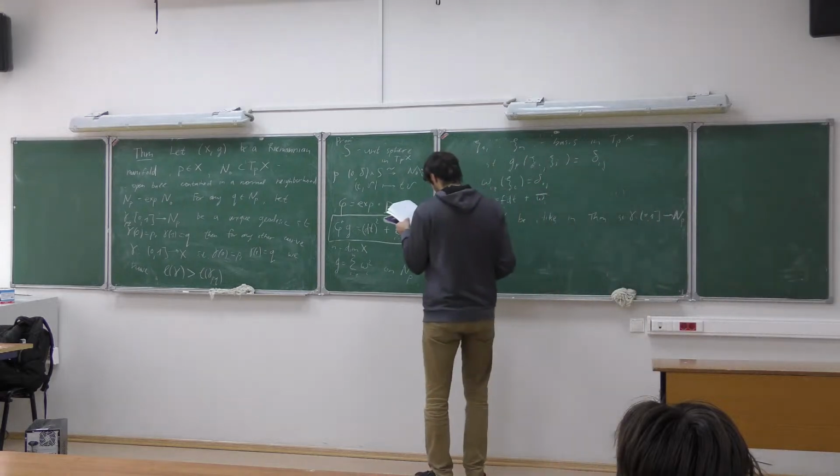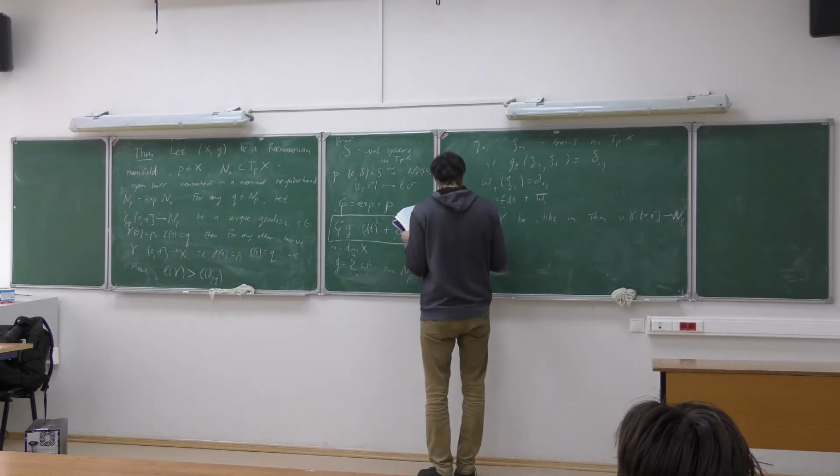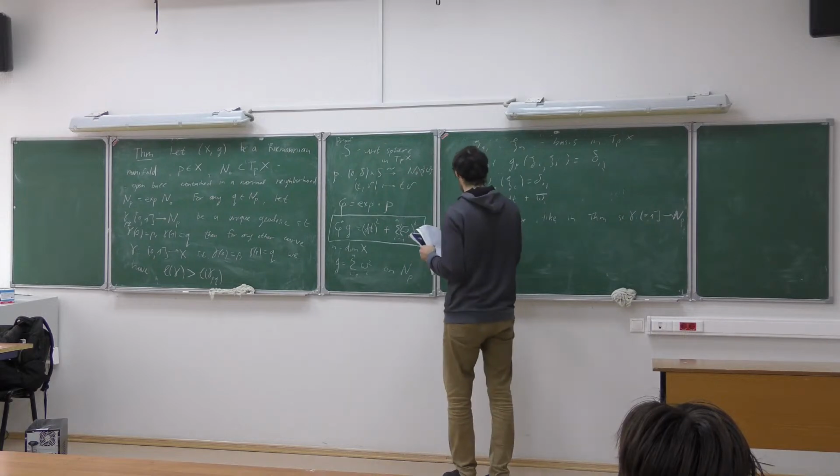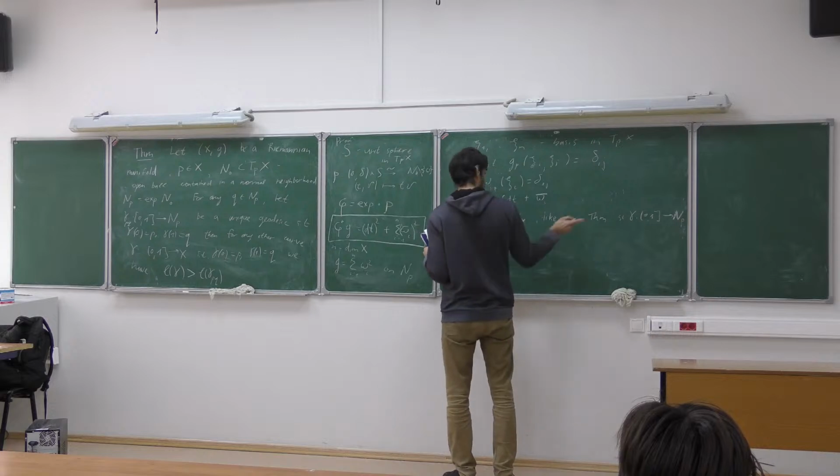Then I can consider phi inverse of gamma of t, since it's inside N_P.